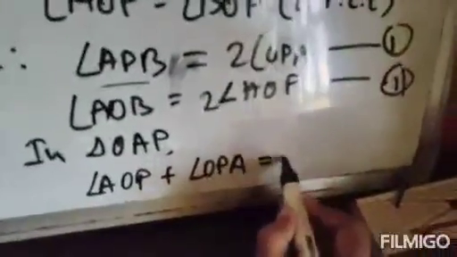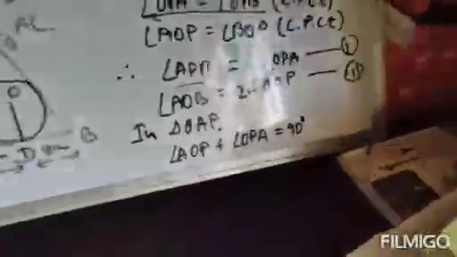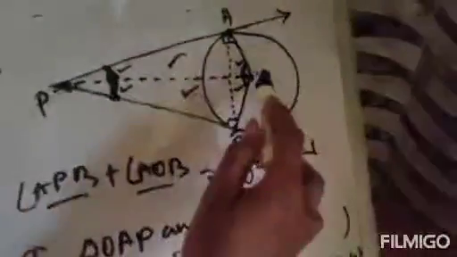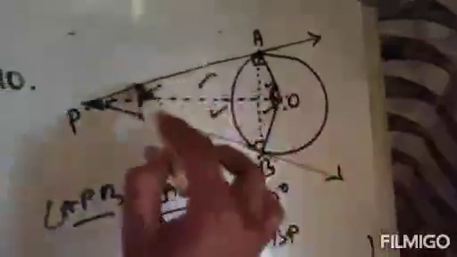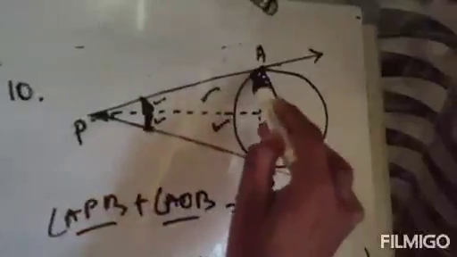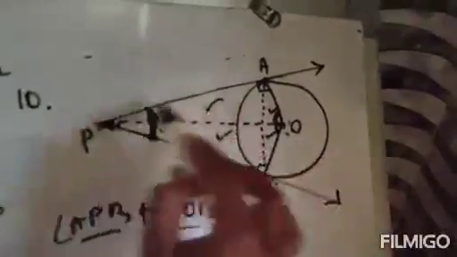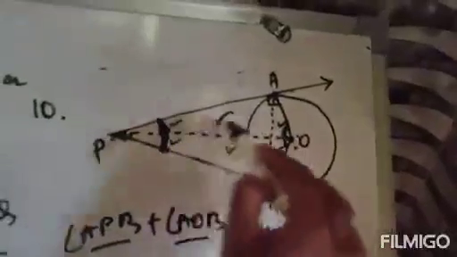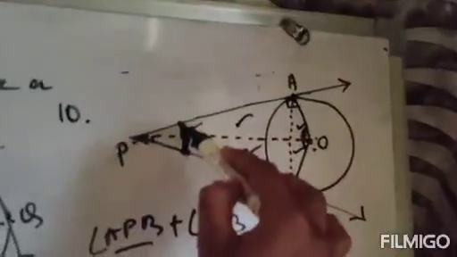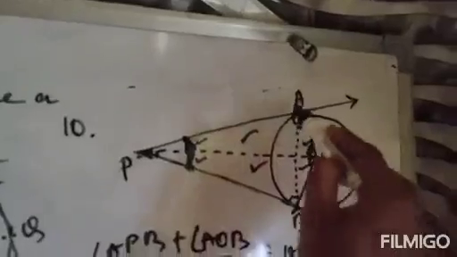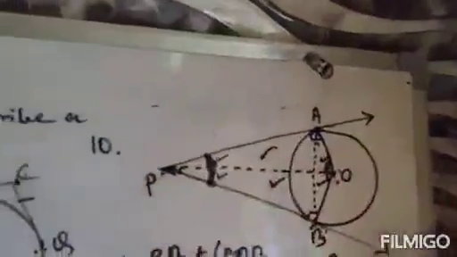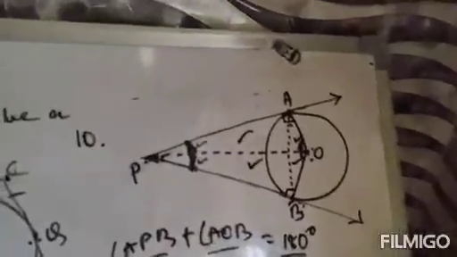Both these angles sum to 90 degrees. Why? Because this angle is 90 degrees, and in a triangle the sum of all angles is 180 degrees. That is the angle sum property of a triangle.